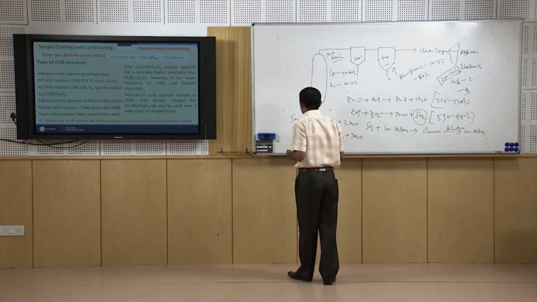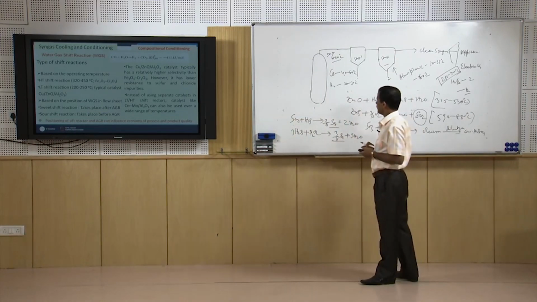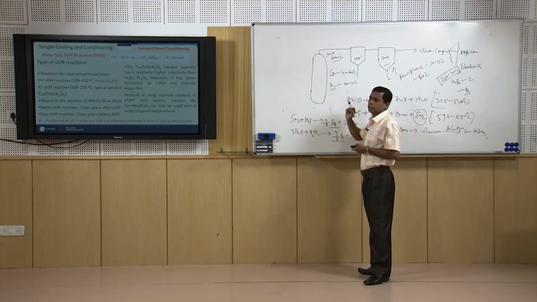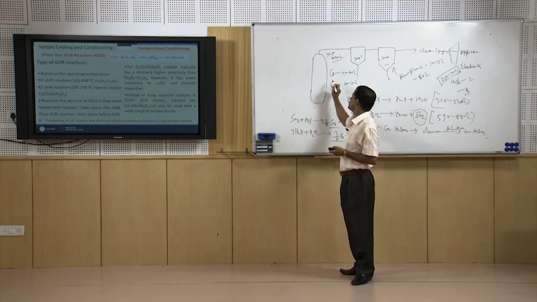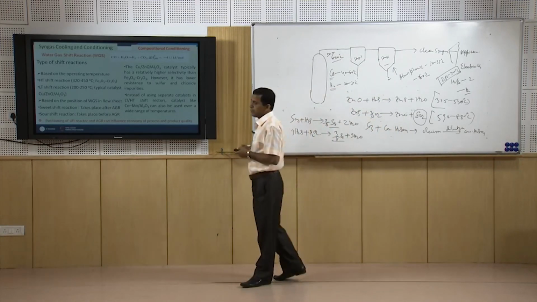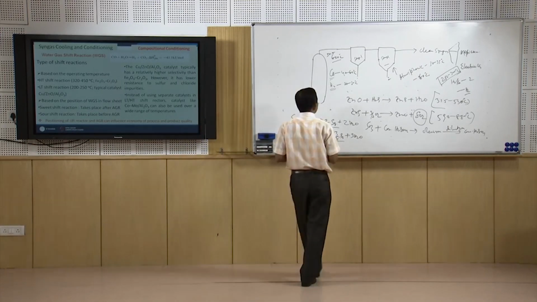Now, we will concentrate on the conditioning part, that means how to increase the hydrogen concentration in the syngas and reduce the CO concentration in the syngas. For this, the shift reaction is carried out in the shift reactor.